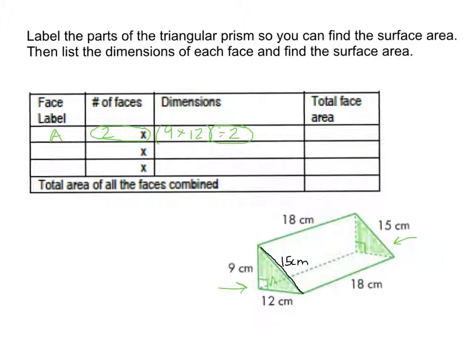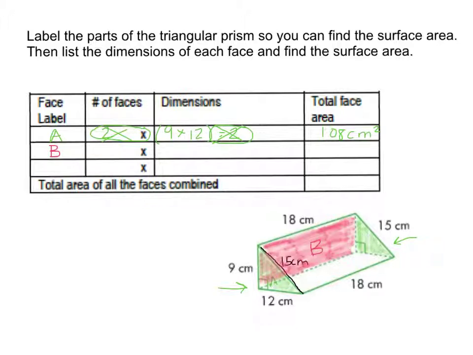So I can get rid of this multiplying by 2 and the dividing by 2 because they're just going to undo each other. And that's going to leave me with 9 times 12, which is 108 centimeters squared for those 2 triangles, which would basically be the area of 1 square.